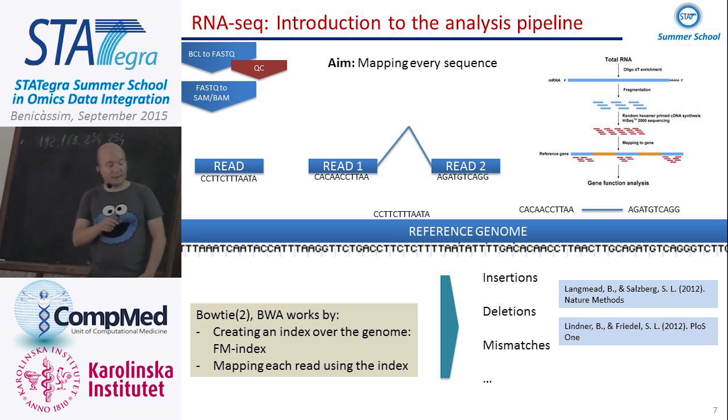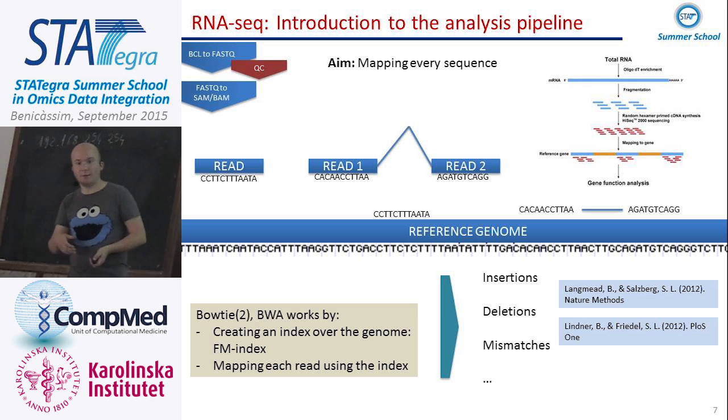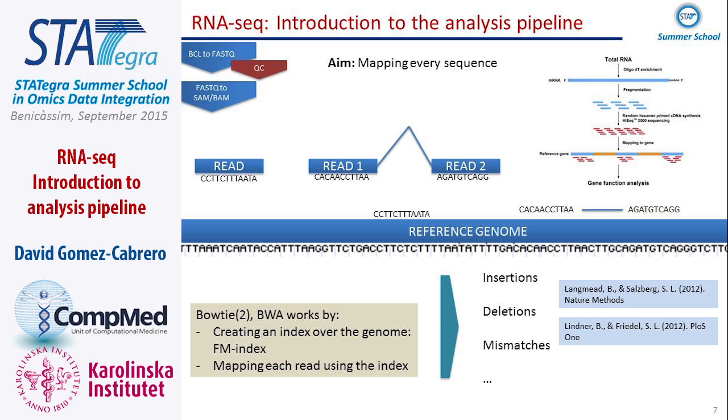Just as an intuition of how it works, they create an index of the genome. It actually creates a tree of the genome. And it's similar to the methodologies that word processing uses when you are searching for a word and it finds it really fast. It's basically similar, it's not the same.